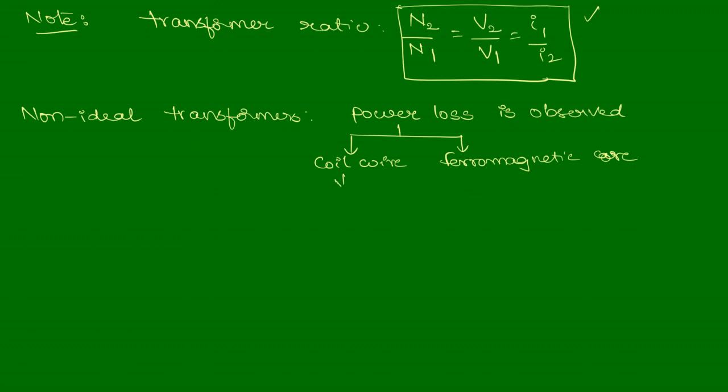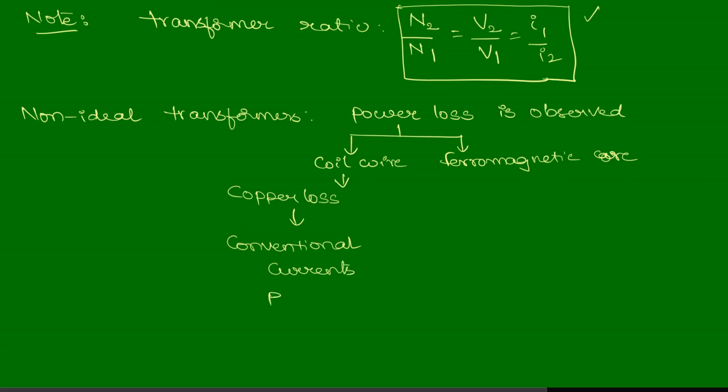When current passes through a coil wire, which is generally made up of copper, we'll call that loss copper loss. It is observed due to conventional currents. That power loss we can take as I square R, if the coil resistance is known. And in the ferromagnetic core, as the magnetic field is changing with respect to time, we can observe some eddy currents.